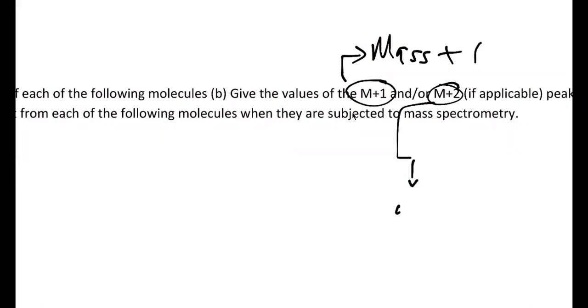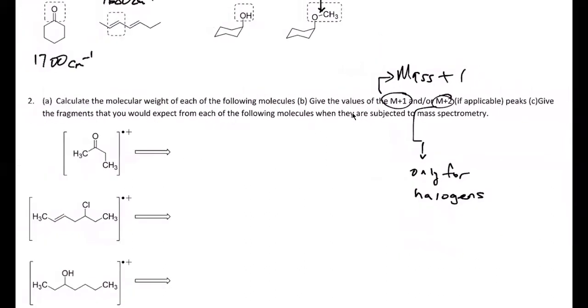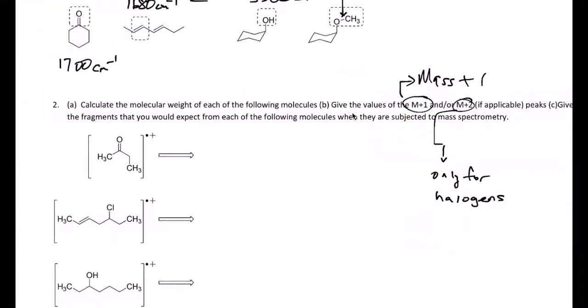M plus 2 is only for halogens. Right, so if there's a halogen present, you'll see an M plus 2 peak. So this molecule right here is definitely going to give you an M plus 1 and an M plus 2. You'll see both.